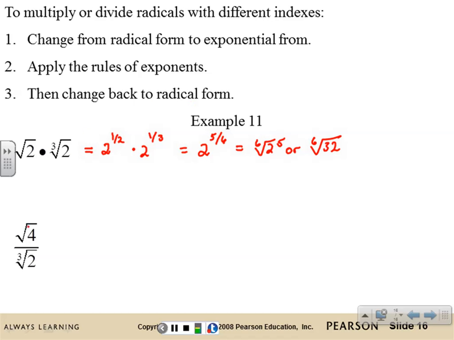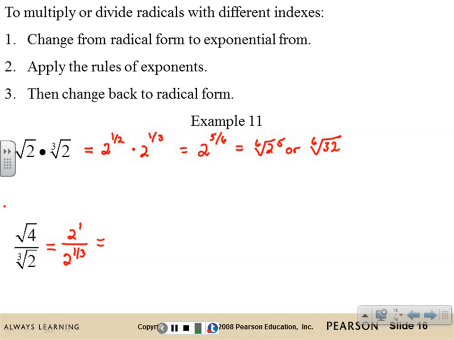So for the bottom one here, notice our bases are not the same. Our radicands are not the same. So we need to change those. But look, the square root of 4 is 2. And then here we have 2 to the 1/3. So that makes it a little easier because this is 2 to the first power.